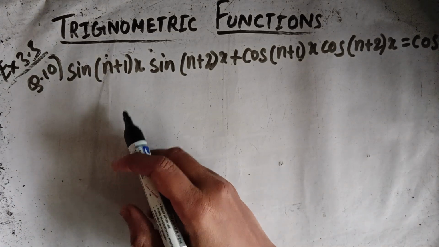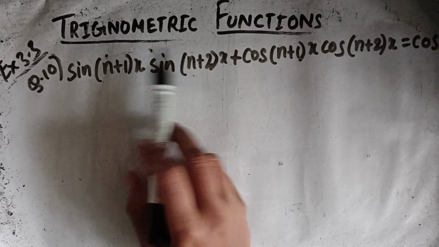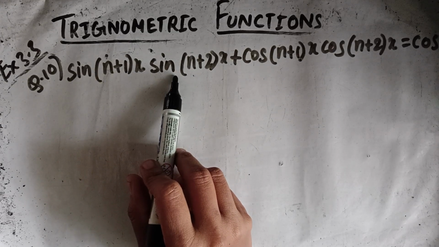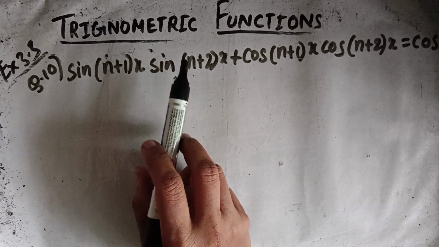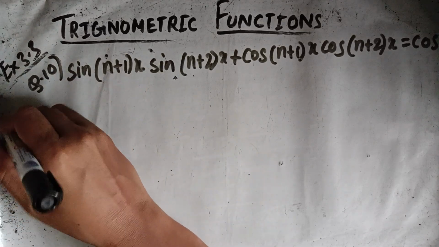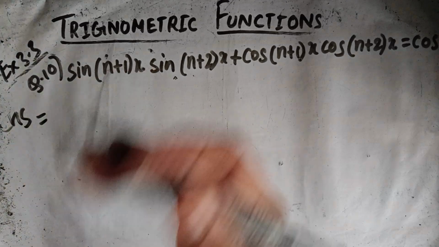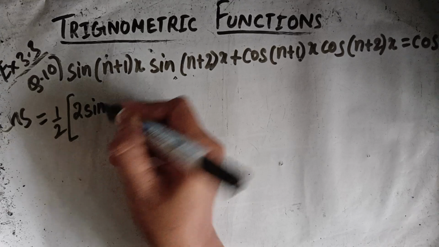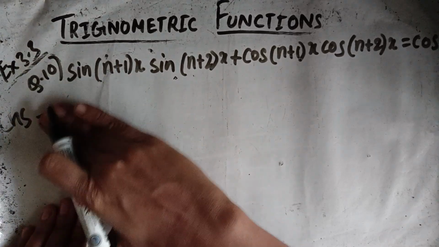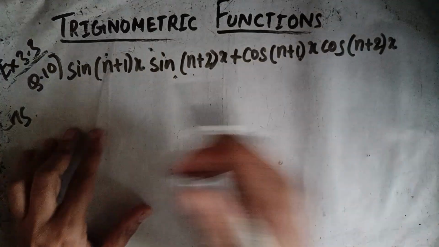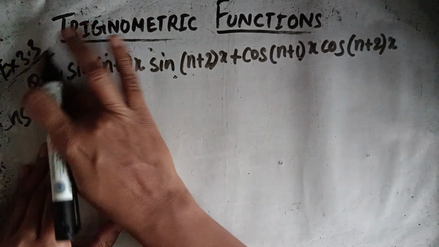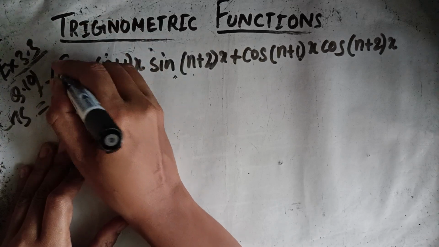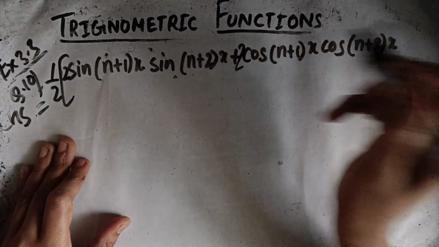So if you look at here, you'll understand that this is sin A into sin B. Okay, the only thing we need is 2. So using the identity, you have to divide and multiply by 2. So half remains outside. 2 sin, I'll write it here only, to save time. Half is outside.